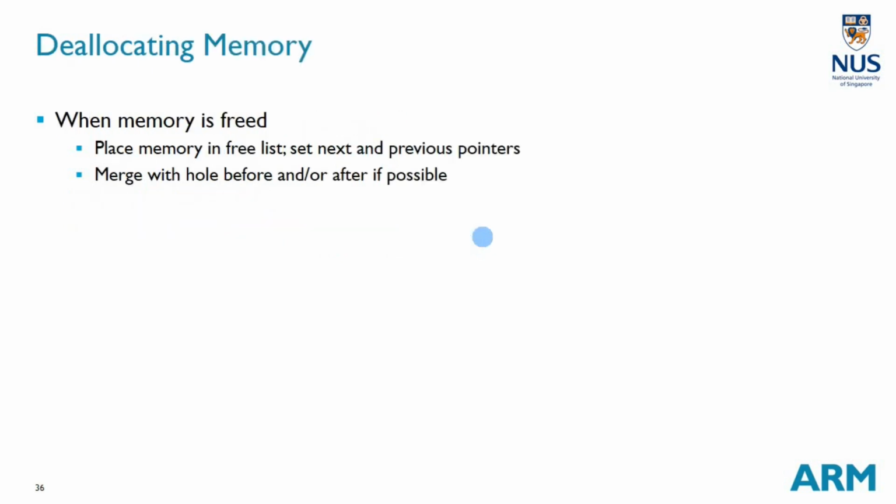When memory is freed, we want to place that memory in the free list and adjust the next and previous pointers accordingly. Whenever possible, we do a merging to make the holes bigger so that we are able to cater to bigger memory chunk requests.